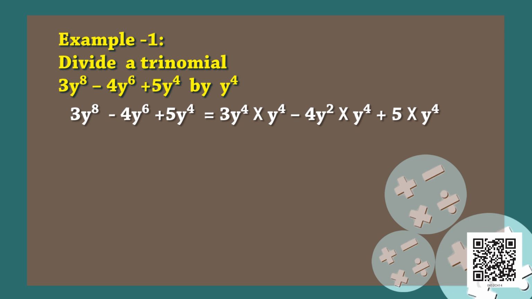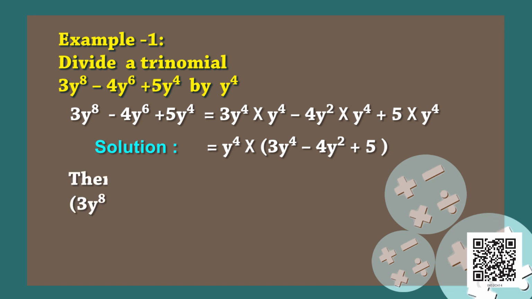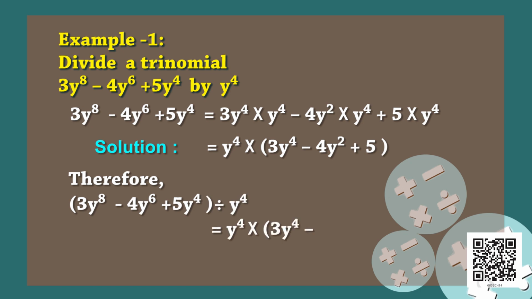Hence, we can write it as y to the power of 4 into 3y to the power of 4 minus 4y to the power of 2 plus 5. Therefore, 3y to the power of 8 minus 4y to the power of 6 plus 5y to the power of 4 divided by y to the power of 4 is equal to y to the power of 4 into 3y to the power of 4 minus 4y to the power of 2 plus 5 divided by y to the power of 4.